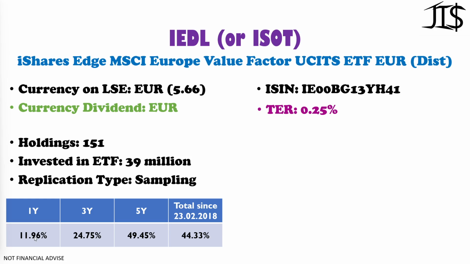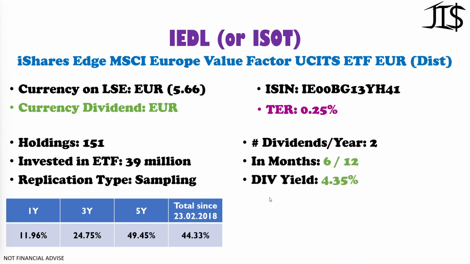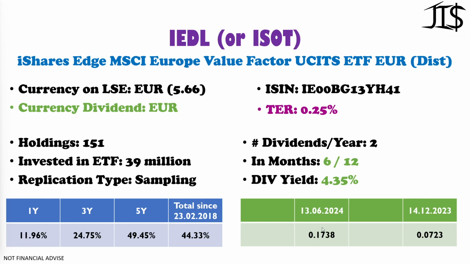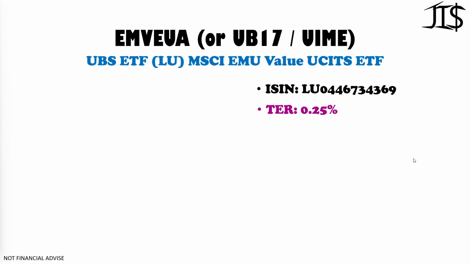Here, almost up 12% in the past year, and the past 5 years almost up 50%. Once again, iShares June and December, and a dividend yield of 4.35%. So that's a quite nice dividend yield. And once again, in Europe, dividend payment in June higher than the one at the end of the year.